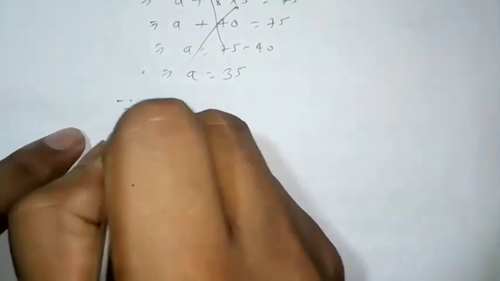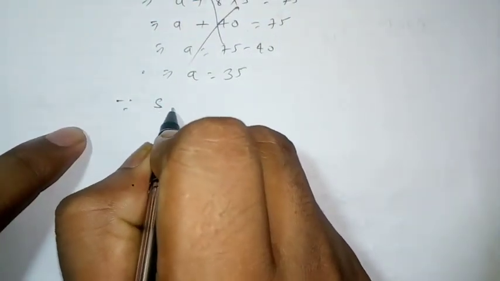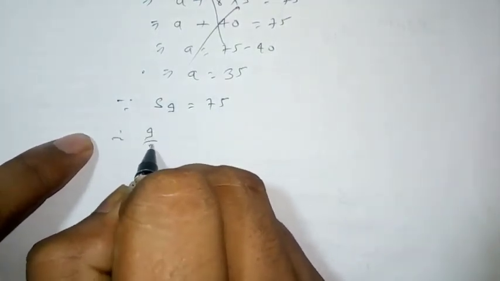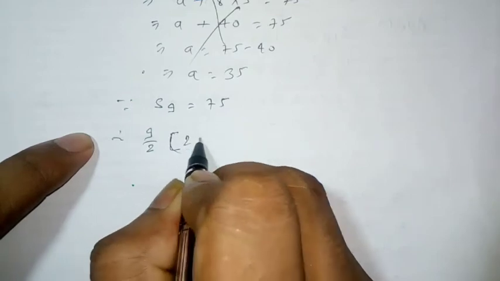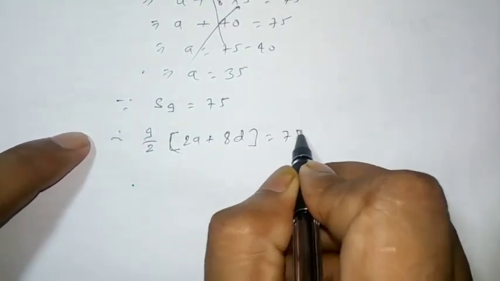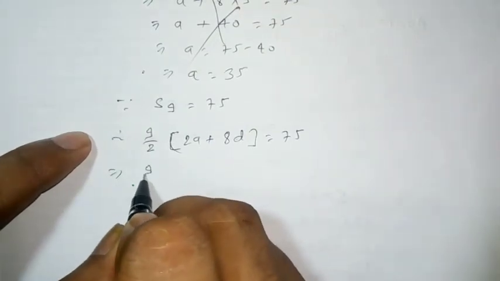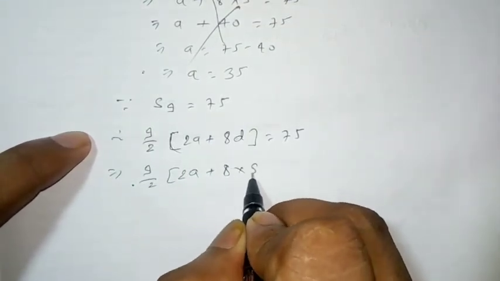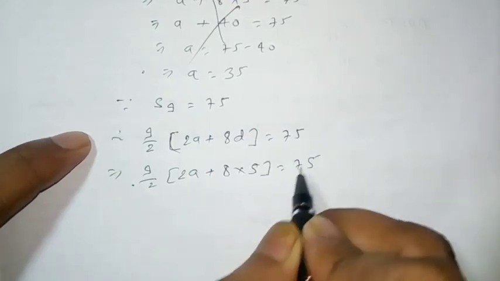Now, because S9 is equal to 75, therefore 9 by 2 into 2a plus 8d is equal to 75. Implies 9 by 2 into 2a plus 8 into 5 is equal to 75.